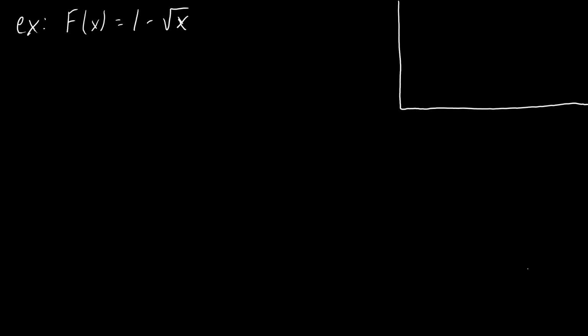All right, and our next example is capital F of x equals 1 minus root x. Okay, and I see that square root in there, so I know x is going to be greater than or equal to 0. We can never have a square root of a negative number, right? This will be undefined.